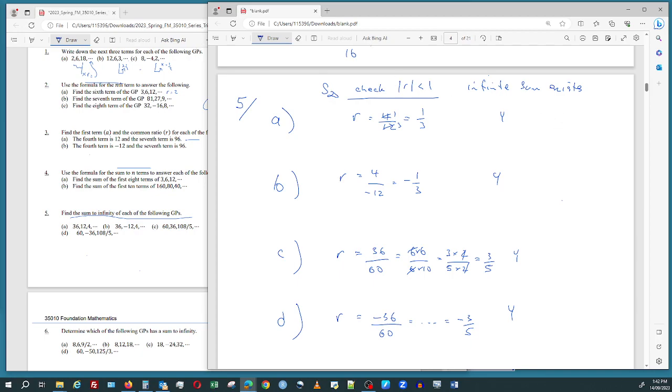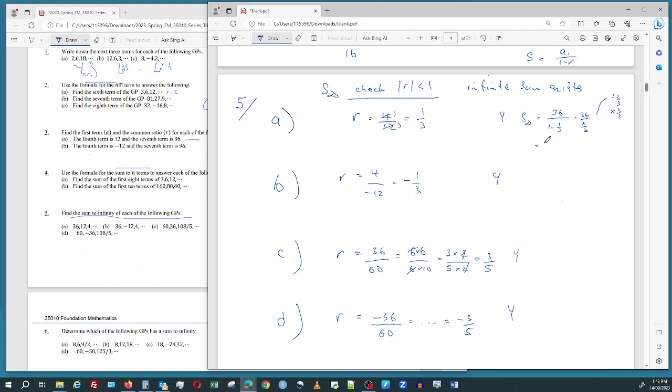Alright, so let's just go back and use our infinite sum equation, which is going to be the sum to infinity is a1 over 1 minus r. So this one here, the sum to infinity, is going to be equal to the first term, which was 36, divided by 1 minus a third, which is 2/3. So it'll be 36 divided by 2/3, which is times by 3 on 2.